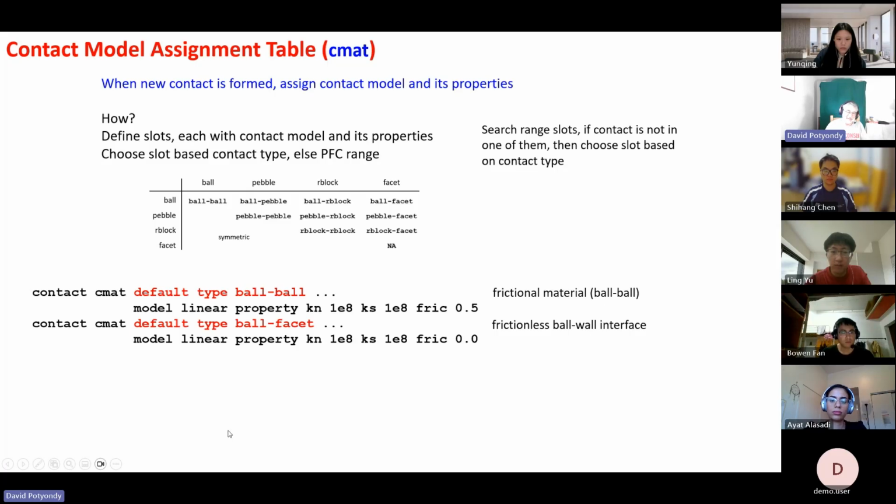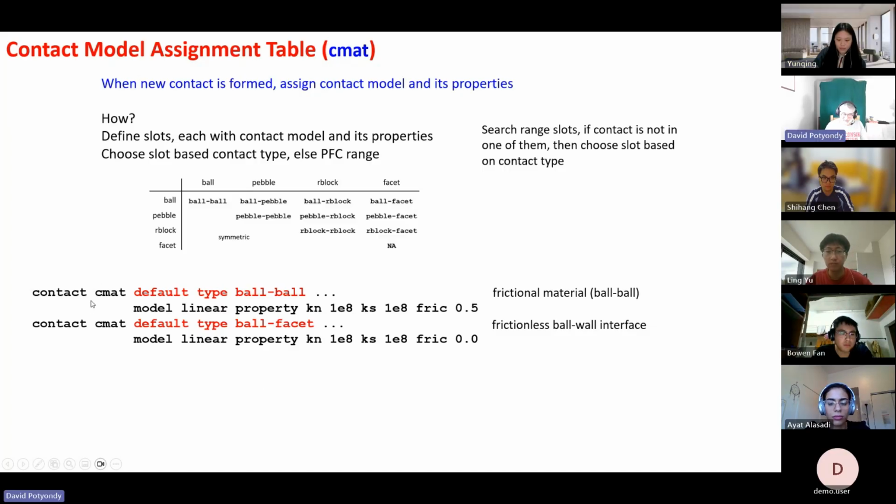You can say, by default, every time two balls touch, put in the linear model and give it properties of Kn, Ks, and Fric with these values. But then you might say, when the balls touch the facets, when the balls touch the walls, let's give them the linear model, but now let's give them zero friction.